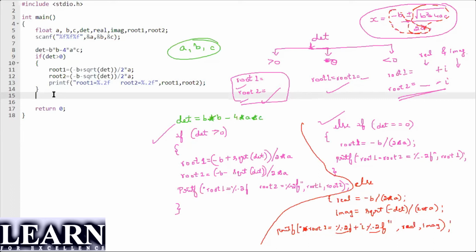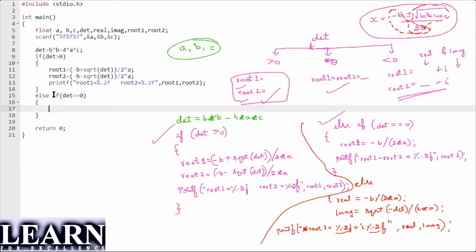Next, I'll go with else if the determinant value is equal to 0. Inside this, I'll just calculate root 1 because that is equal to root 2. Root 1 equals minus b divided by 2 into a, minus b divided by 2a.